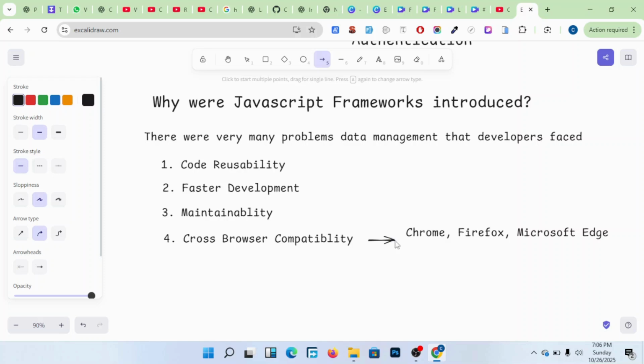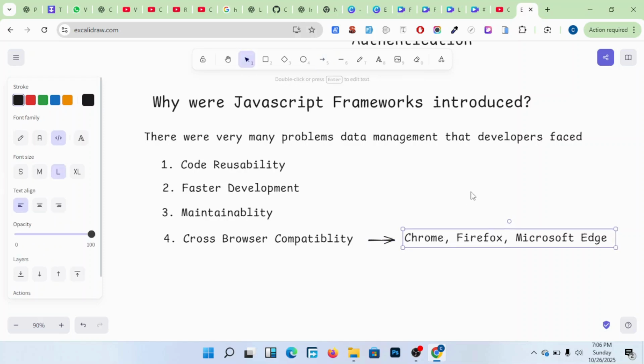So they had to look for a better and suitable way to solve this problem. That is why frameworks were introduced.